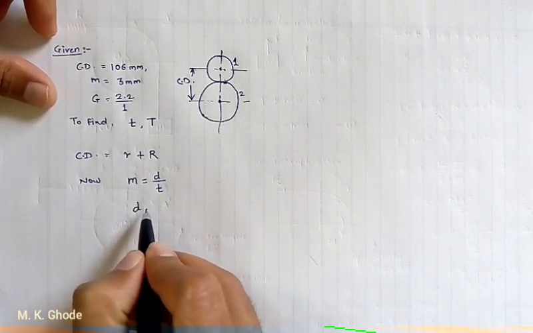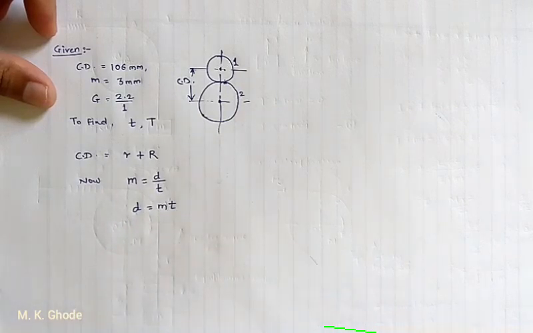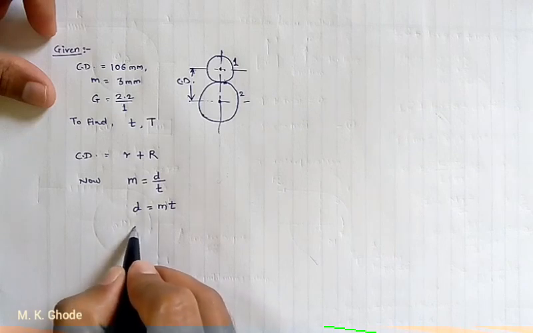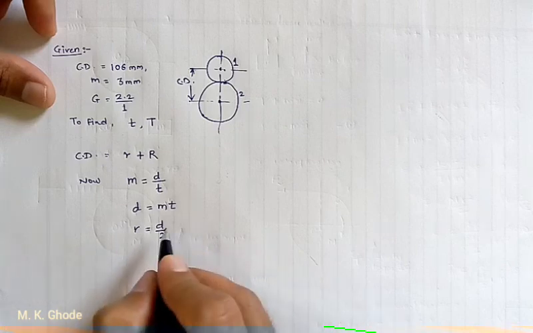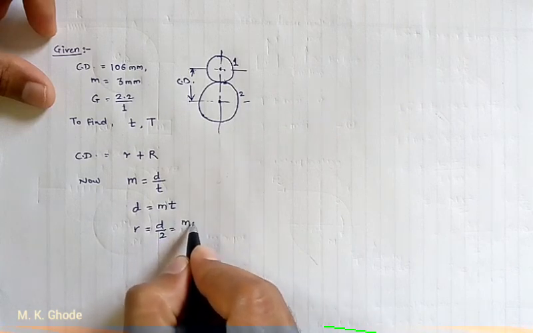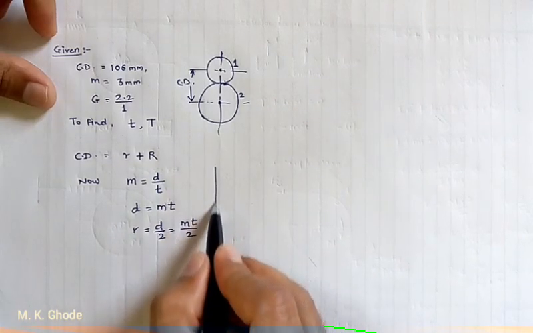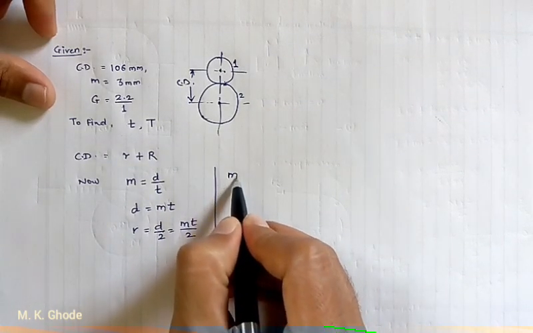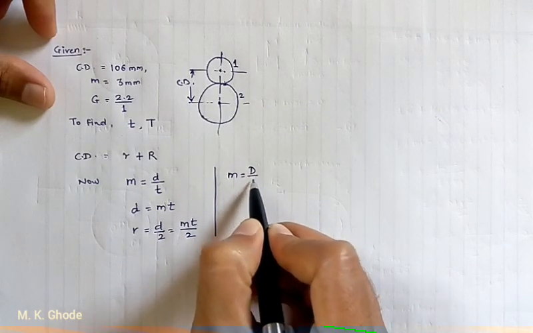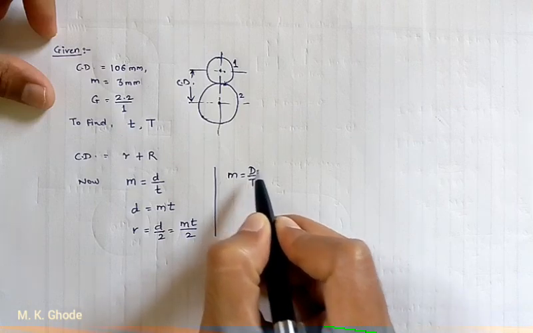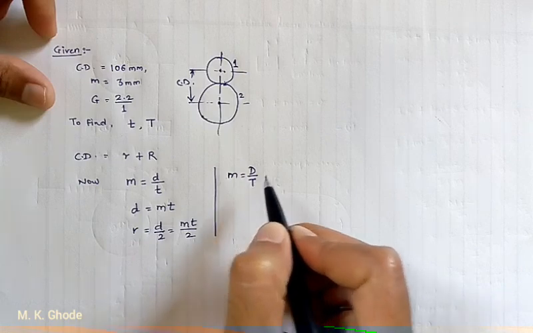So if I want to find small d, it will be m into t. Now the radius will be equal to d by 2. The radius of the pinion is d by 2, hence it is mt by 2. Similarly, to find the value of capital R, module is capital D upon capital T, the pitch circle diameter of the gear upon the number of teeth on gear.